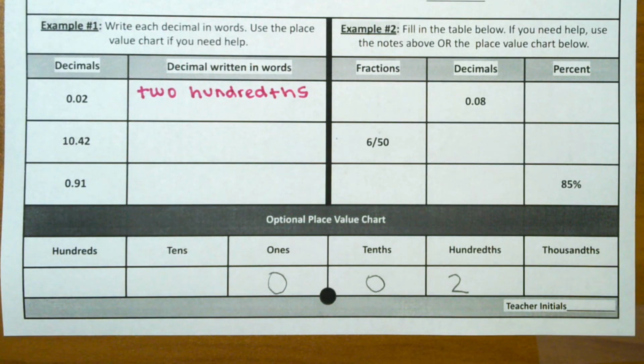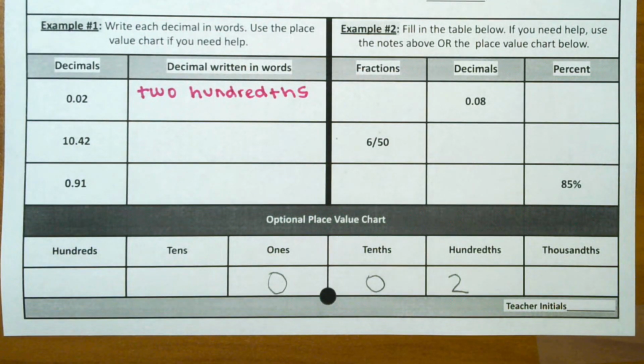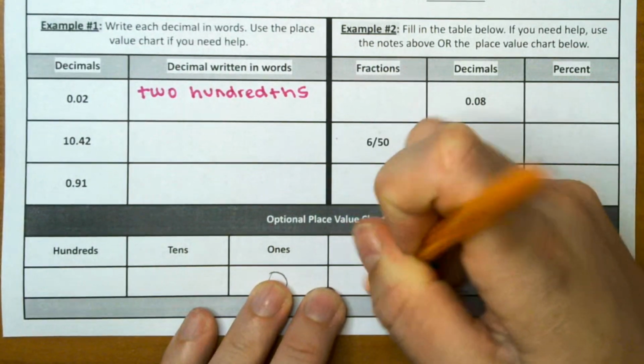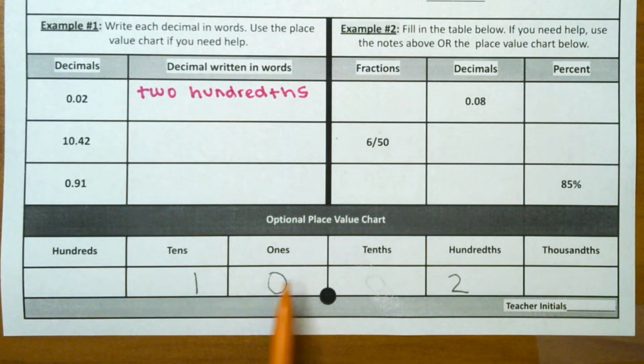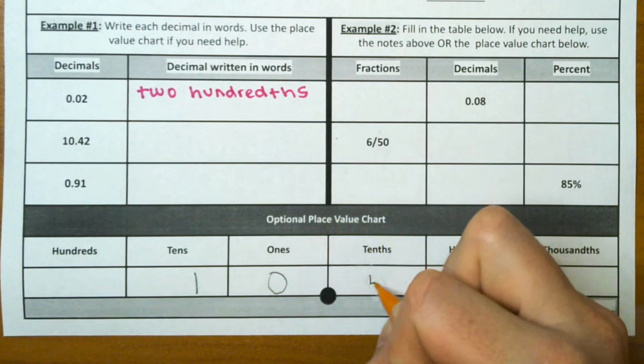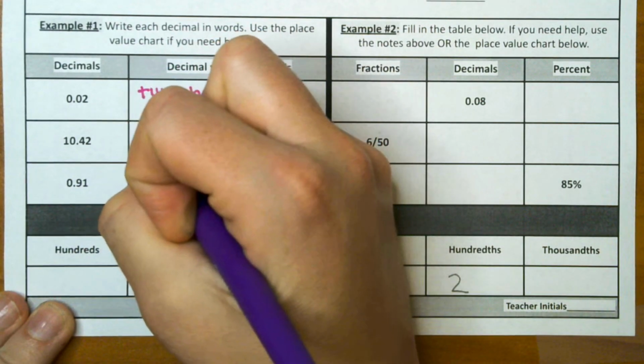All right. I'll do the next one with you, and then you'll do this last one on your own. So our next one is 10 to the left of our decimal and 42 to the right. So if we have a number to the left of our decimal, we're going to write 10.